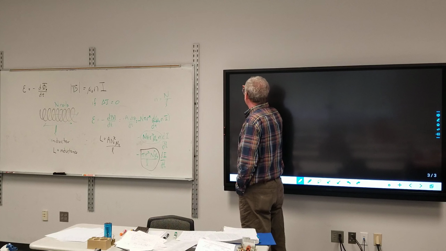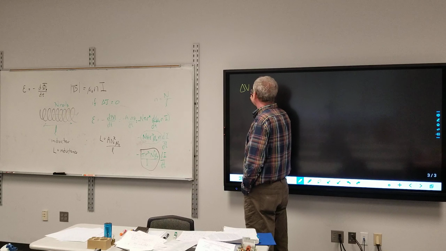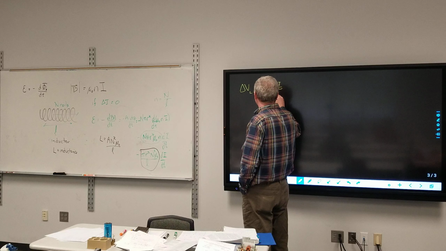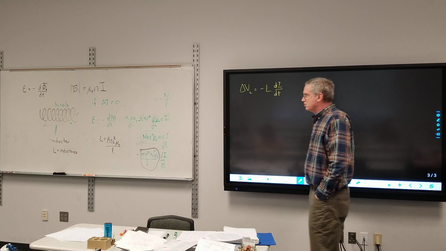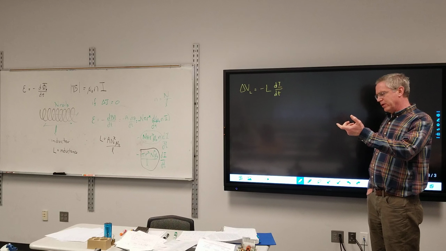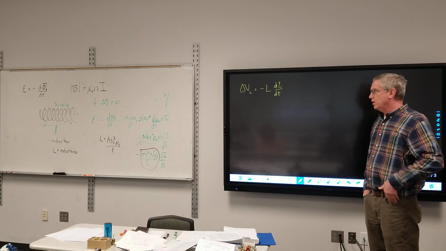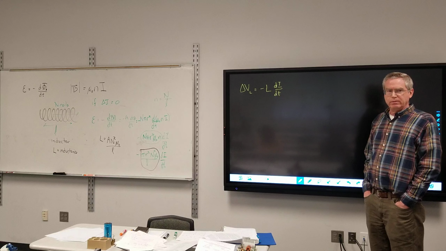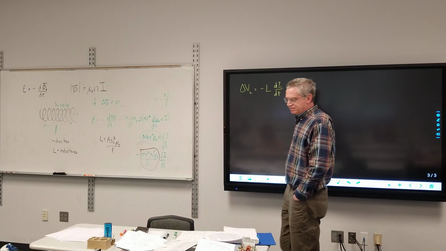So we now have that the voltage of an inductor is negative L di/dt. So that's why in the lab you were figuring out at what rate the current changed, so that you could predict what this back EMF is.